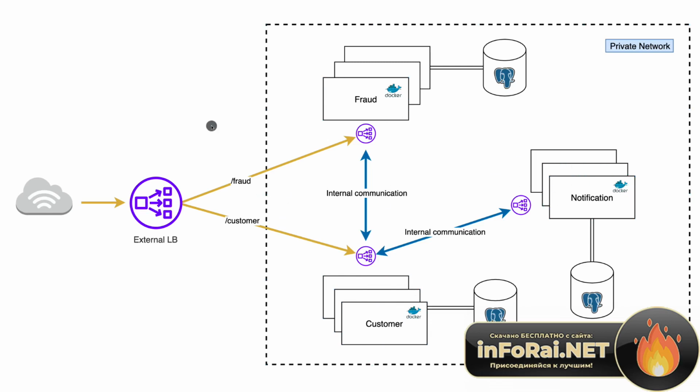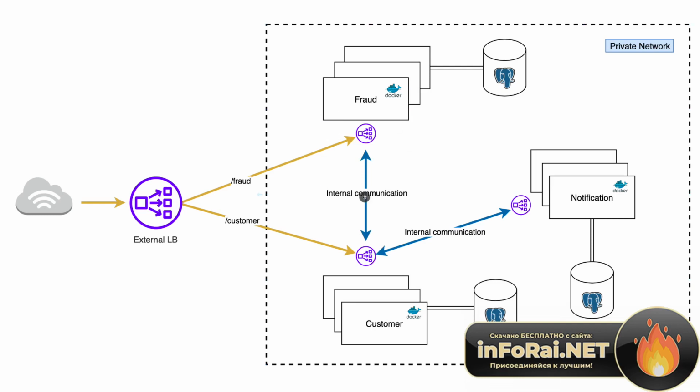The same problem that you are solving from the outside world connecting to your services applies within the private network, because this is an internal communication, a communication from service to service. So you also need an internal load balancer. Now the configuration between this load balancer and this load balancer will be a little bit different, but I'll explain in more detail in a second.